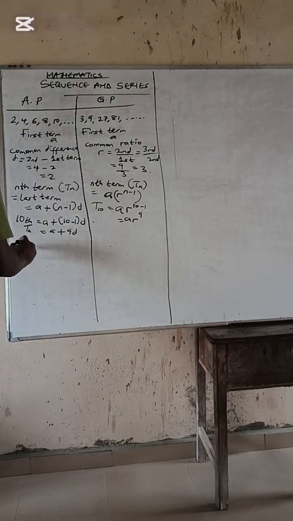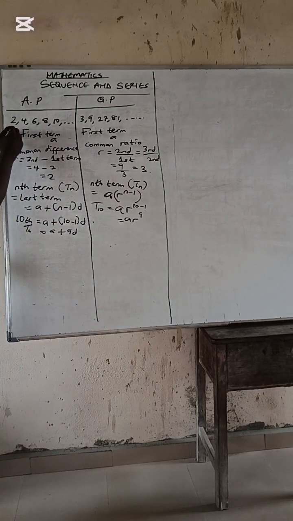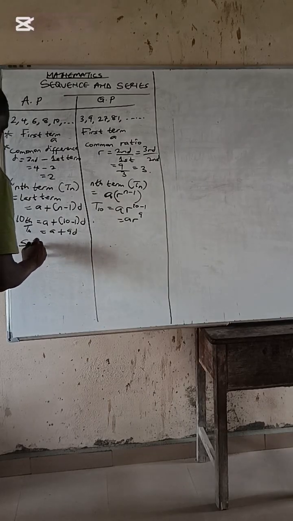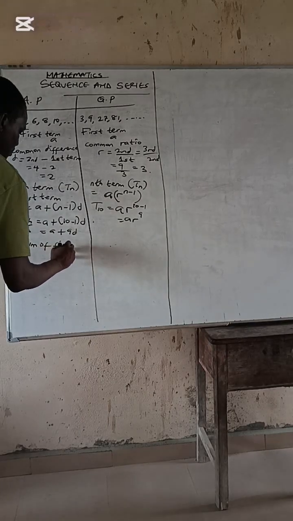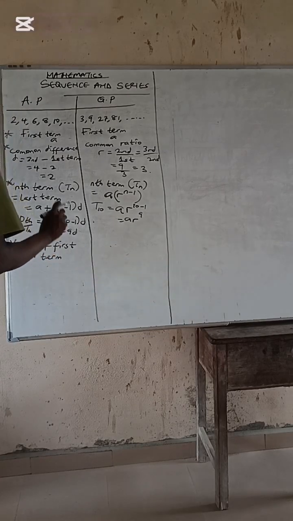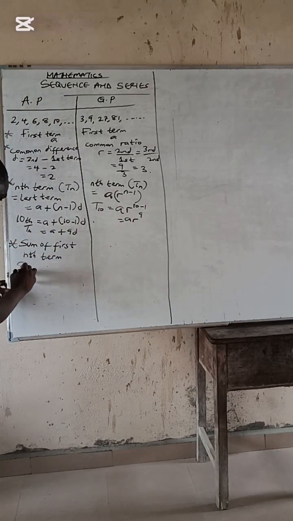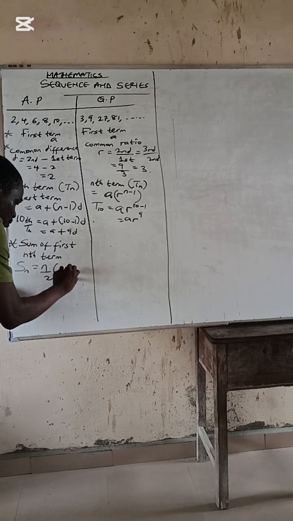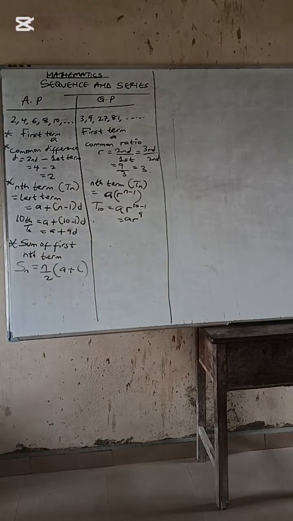So moving on to the next one, we have another term in AP. We have what we call the sum of the first nth terms of AP. It's denoted by Sn, which is equal to n over 2 into bracket a plus l.